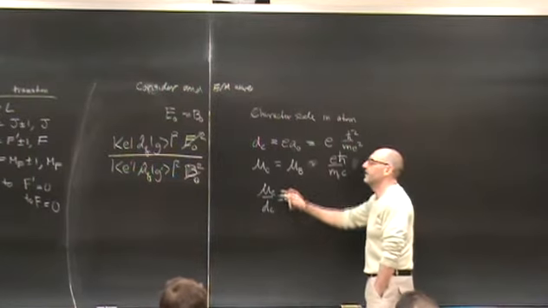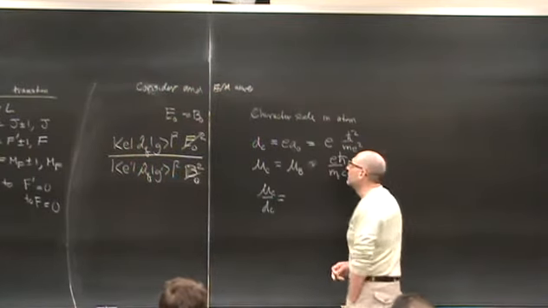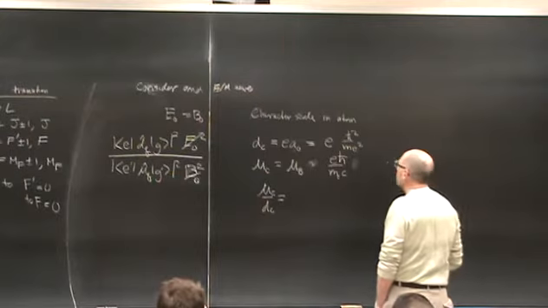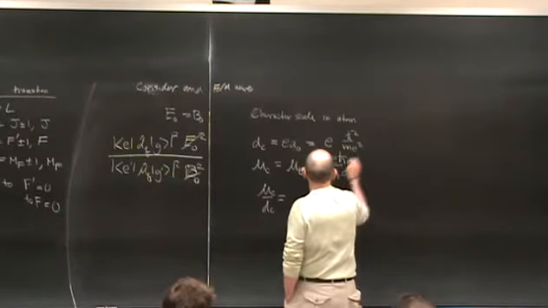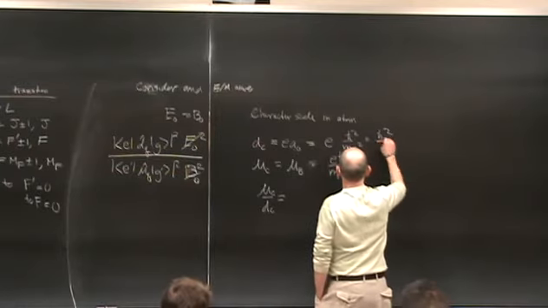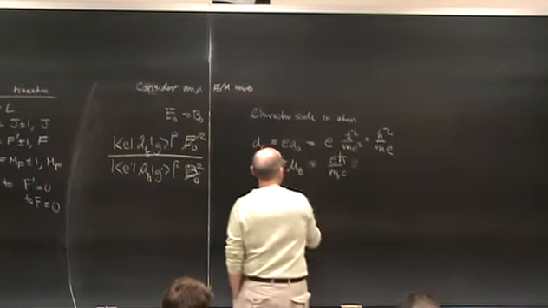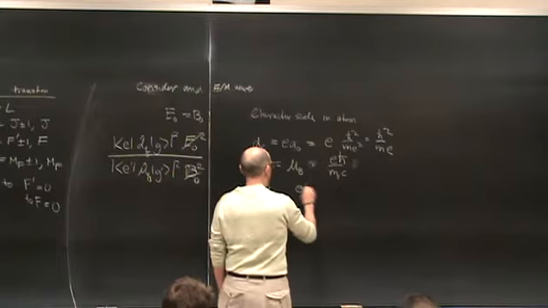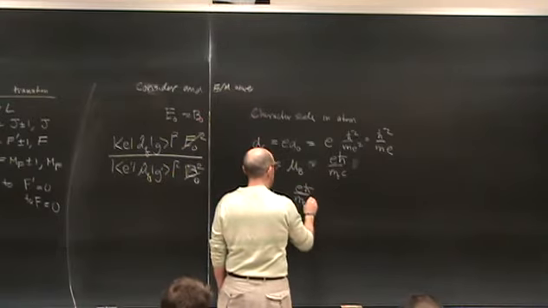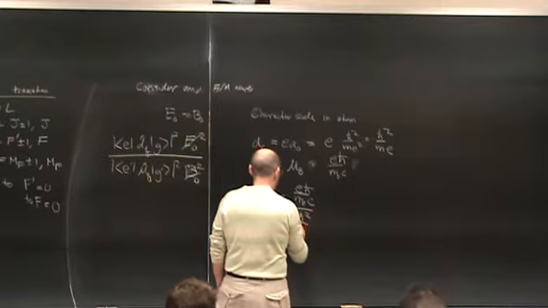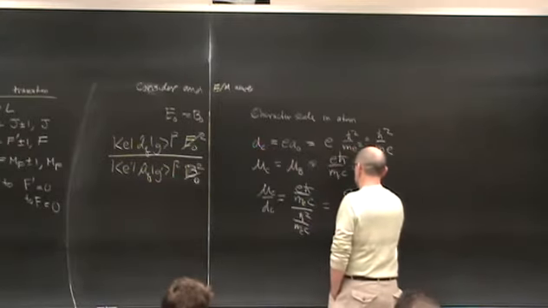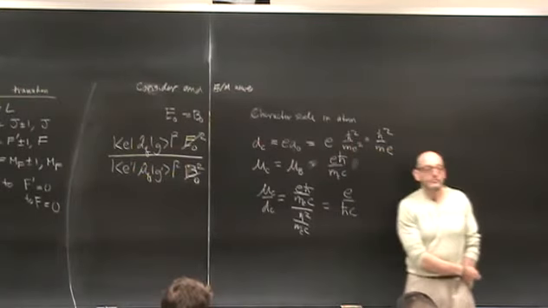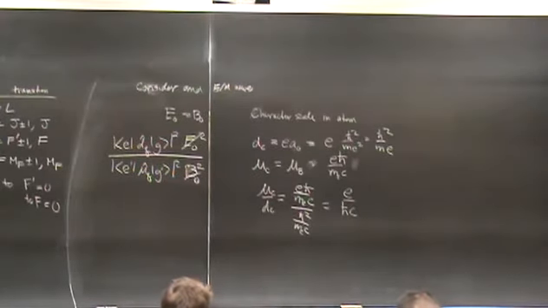I'm just saying, let's look at this ratio. So I have e h bar over mc divided by h bar squared over m e squared, which gives e squared over h bar c. You recognize that?